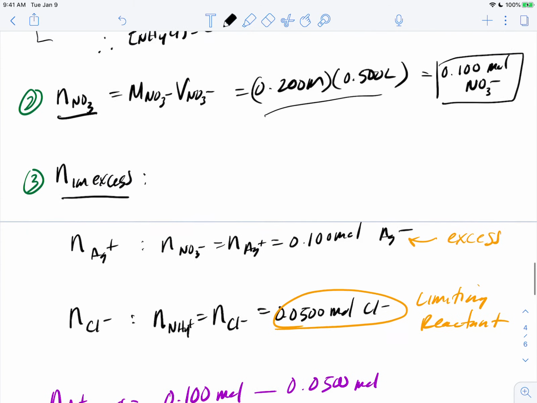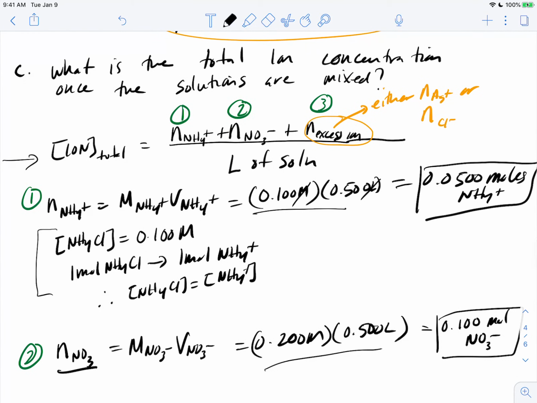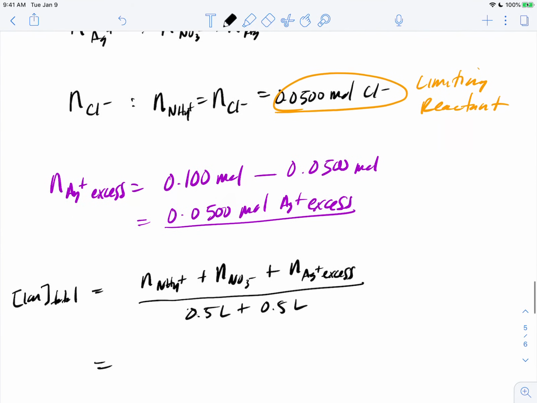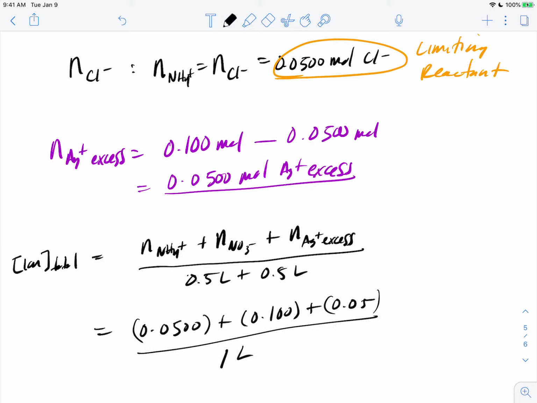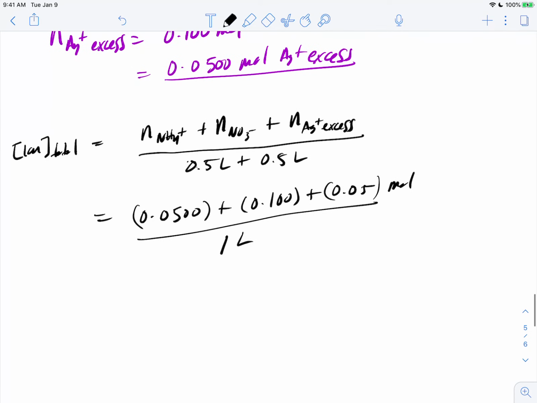So moles of ammonium were 0.0500, plus moles of nitrate, which is 0.100, plus moles of silver, which is 0.05, divided by 1 liter. These are all moles. So then your new concentration would be 0.2 divided by 1, which is 0.200 molar ions, which is the total ion concentration.